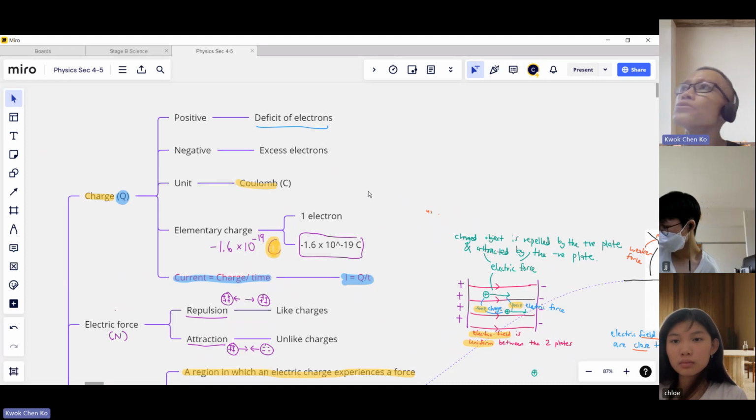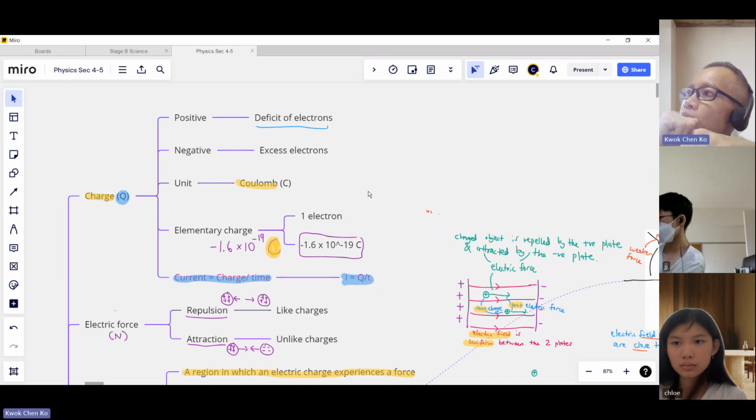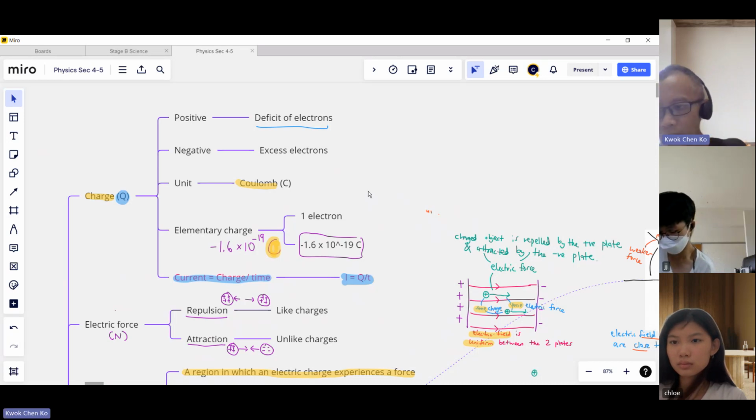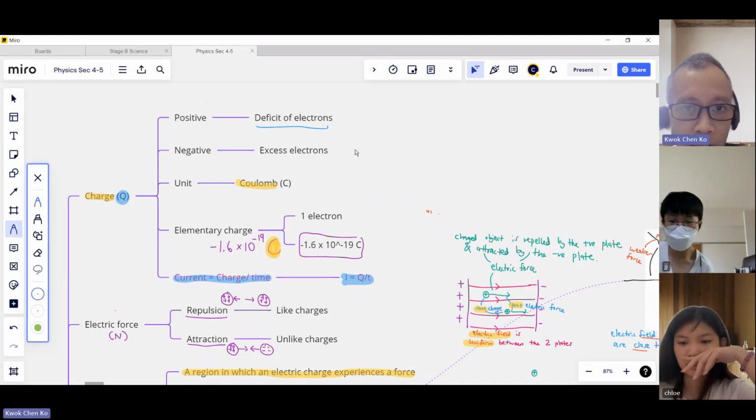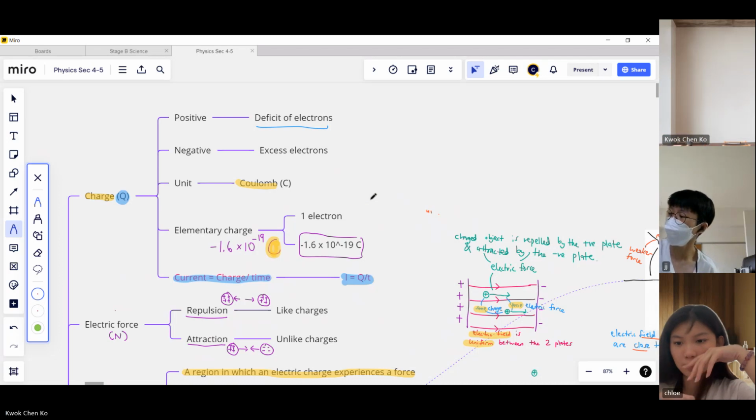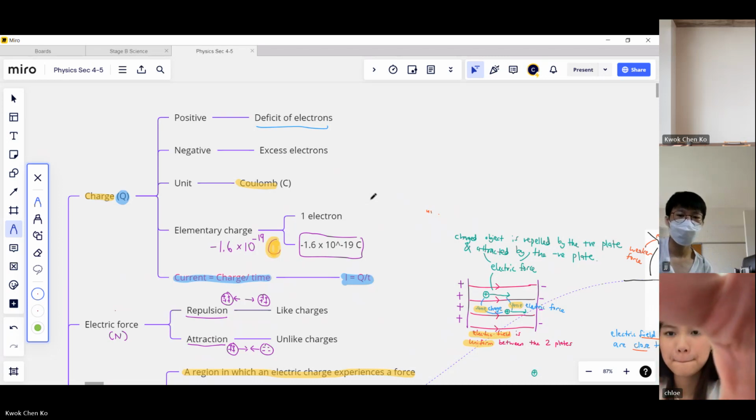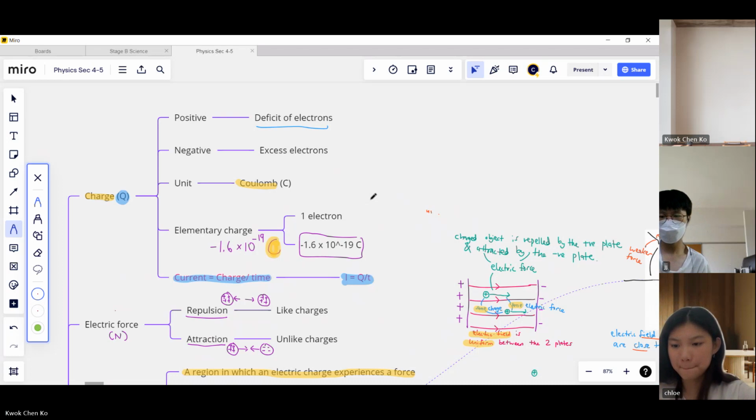I would say the good news, there is likely to be just one single formula that you need to use. And I have covered that before.